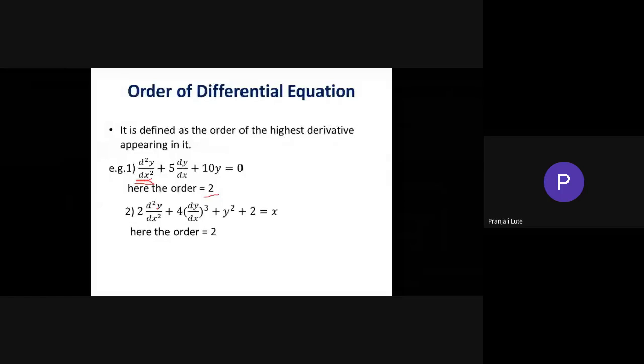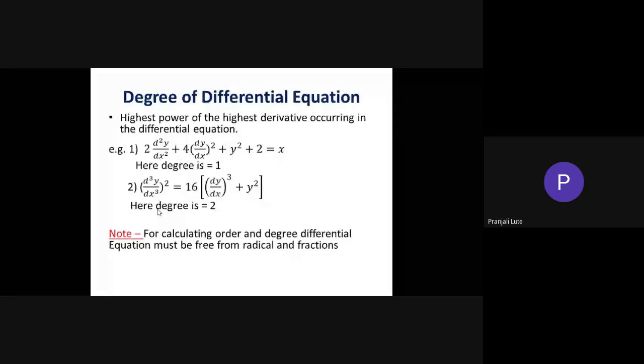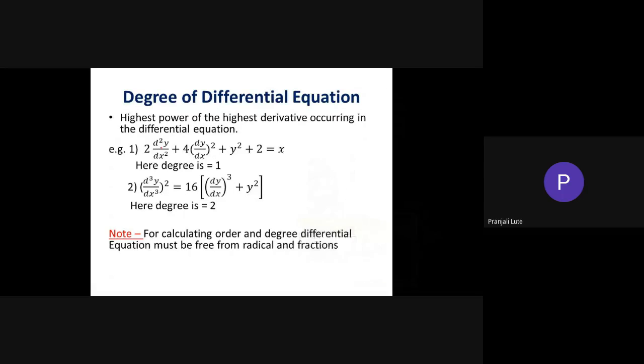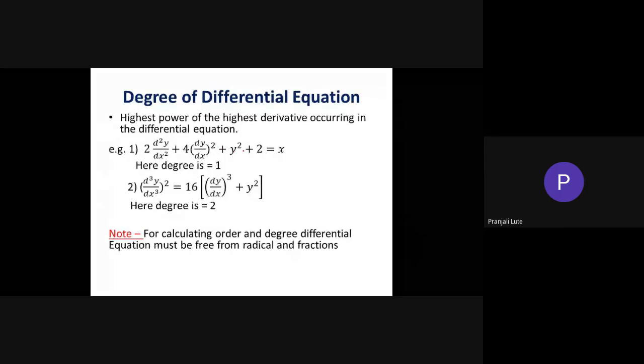In the next slide, we discuss the degree of a differential equation. What is the degree of that differential equation? Here, the highest power of the derivative occurring in the differential equation. Here 2 d square y by dx square plus 4 dy by dx whole square plus y square plus 2 equal to x.